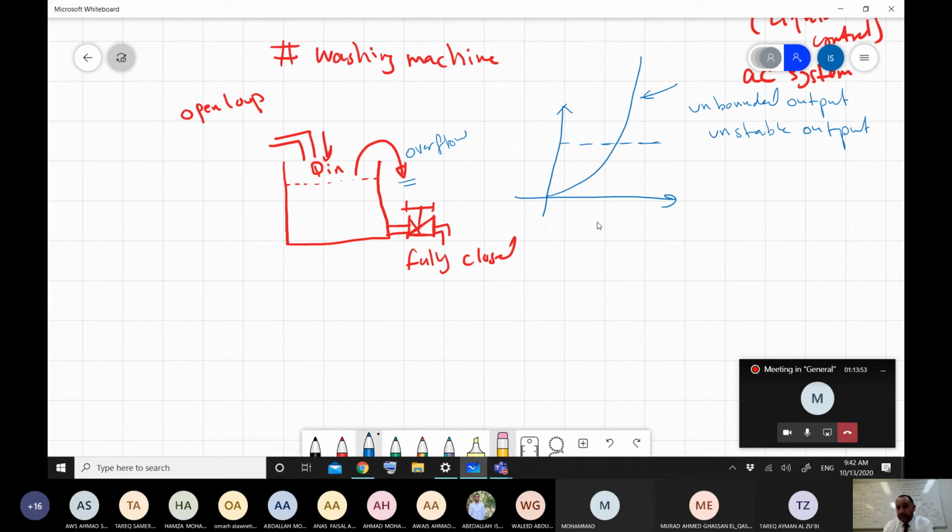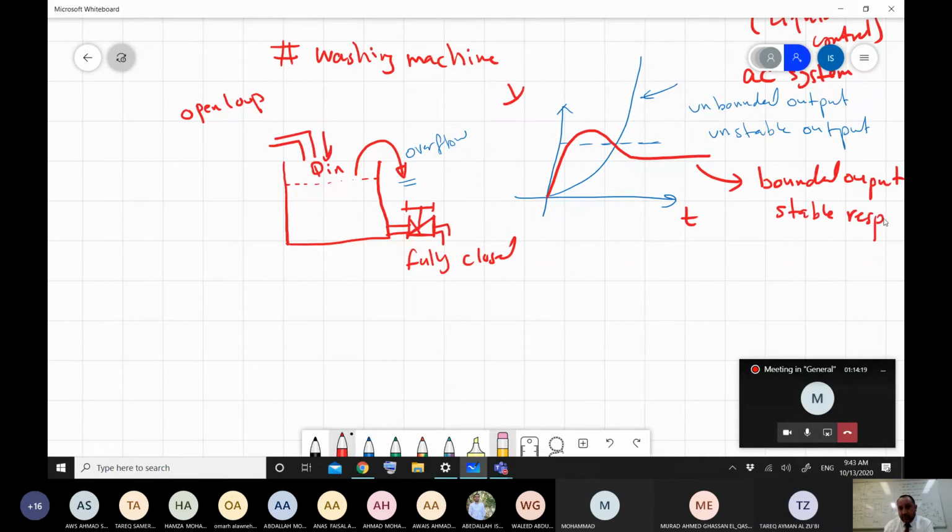Now, what about this response? This one, stable or unstable? Stable, because it's bounded output. So this is actually a stable response.